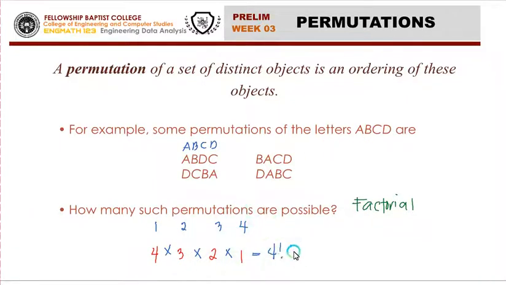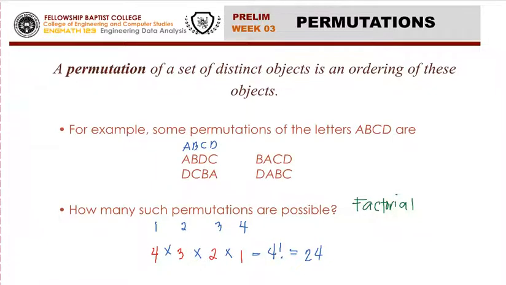Take note, 4 factorial is equal to 4 times 3 times 2 times 1. That is your 4 factorial, and this is equal to 24. So 4 factorial is equal to 24. Take note, check the counter on your calculator for this symbol among your different types of calculations.